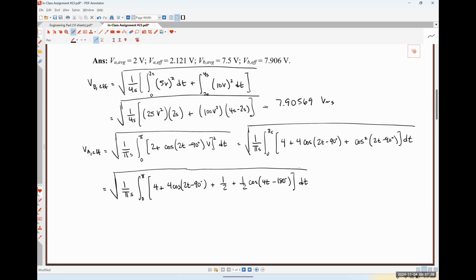We could break this thing up into 4 smaller integrals. So I want you to put in your calculator what the integral of 4 cosine 2t minus 90 degrees is from 0 to pi.